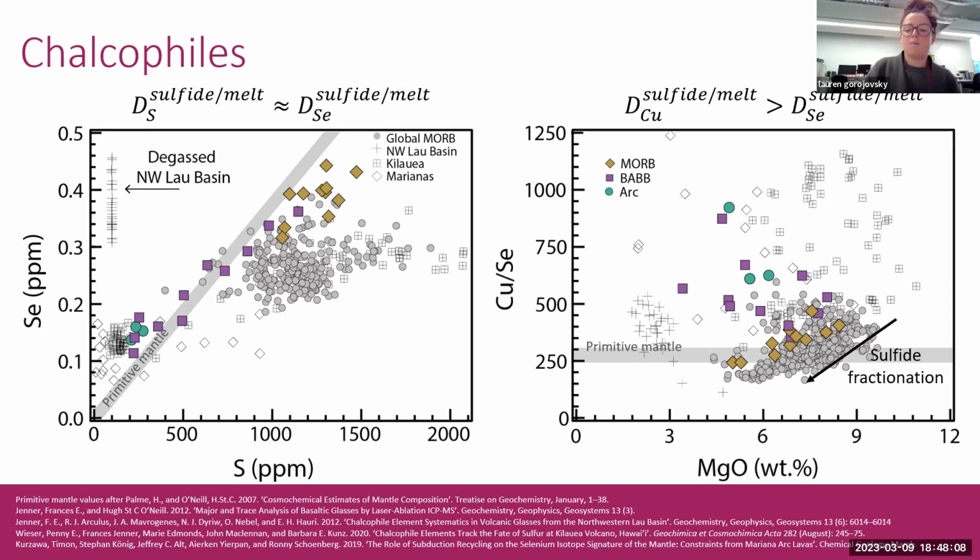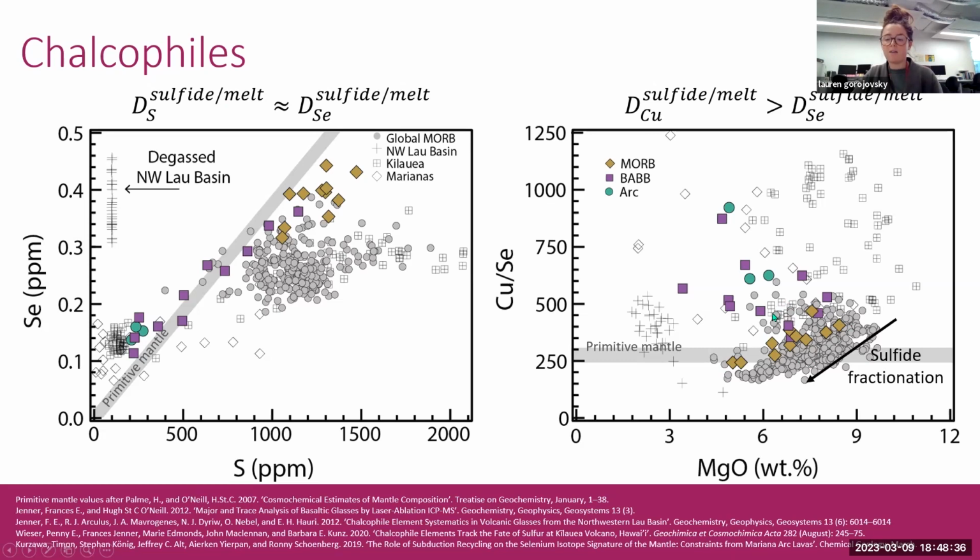So during melting, you would expect your copper/selenium ratio to increase because you have more selenium going into the melt compared to copper. And if you're removing or crystallizing sulfides, you expect this ratio to decrease because copper is more compatible. As we see with the mid-ocean ridge basalt, as we go down in magnesium oxide, so increasing melt differentiation, we see this ratio decrease.